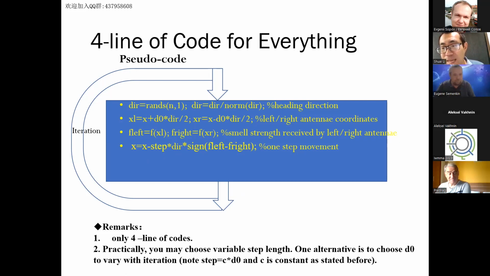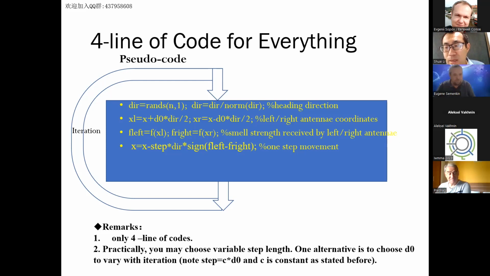The idea is that originally the Beetle walks in a very large step, and gradually it reduces the step length. The benefit of this modulation is that because originally the step length is very big, the Beetle has a very big probability to walk out of the local optima.